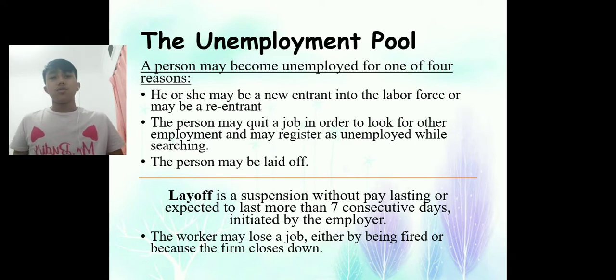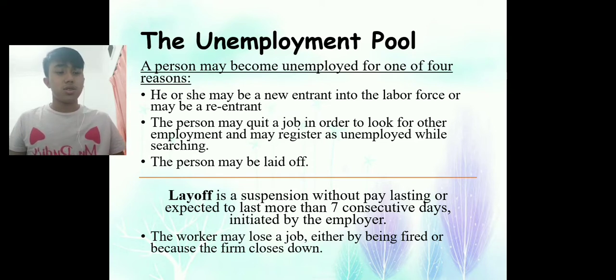The third one, we're going to be talking about the unemployment pool. The unemployment pool talks about a group of unemployed people. A person may become unemployed for 1 of 4 reasons.